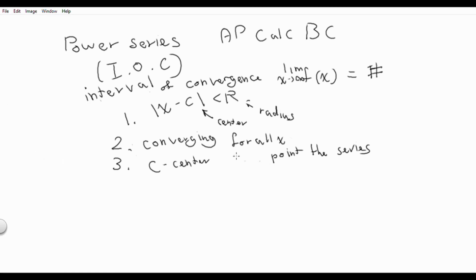Don't mind my handwriting, but actually I'll rewrite it. I don't like it either. Converging point, and I'll delete this section to provide some space between the point and the converging.